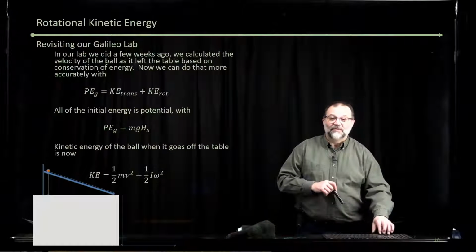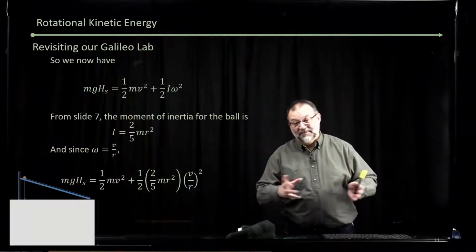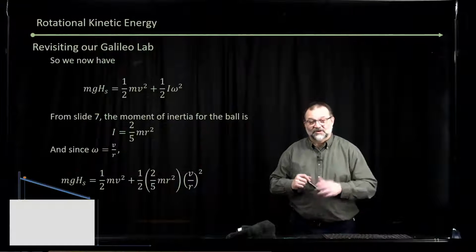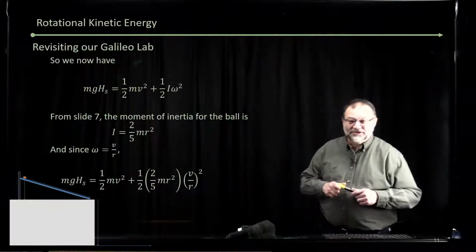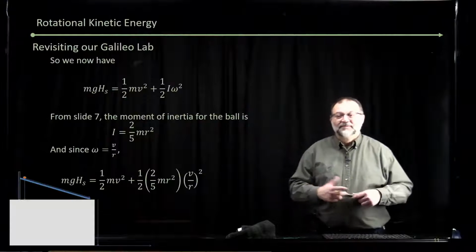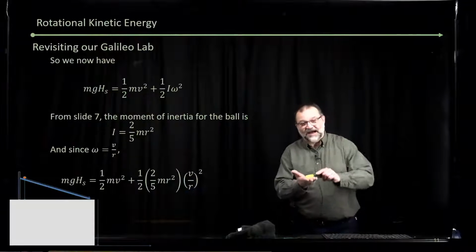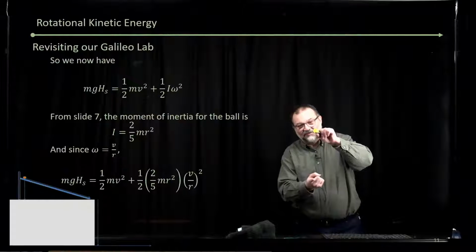So as we put all of that together, if we talk about this little lab where you rolled a marble down a piece of cardboard and off the table, mgh is 1/2 mv squared plus 1/2 I omega squared, where h is the height your marble started at above the table.